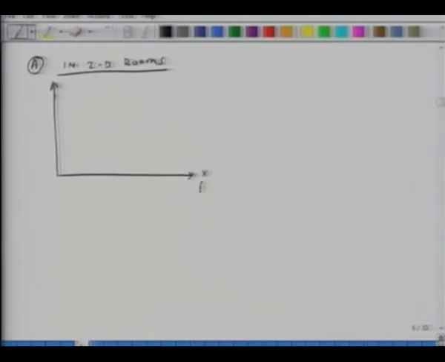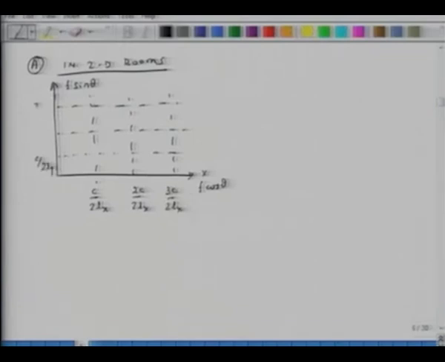My X is F cosine theta, and this is F sine theta. Then I'm drawing a grid. Each of these is C over 2 Lx, 2C over 2 Lx, 3C over 2 Lx, and here I have C over 2 Ly, this is 3C over 2 Ly, and so on.